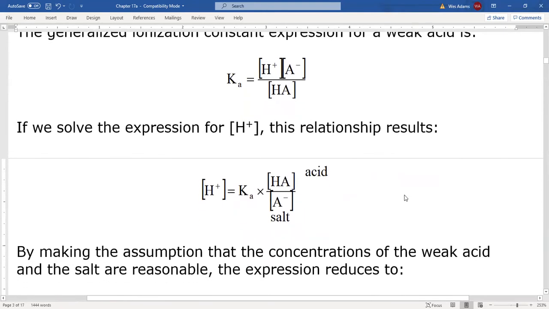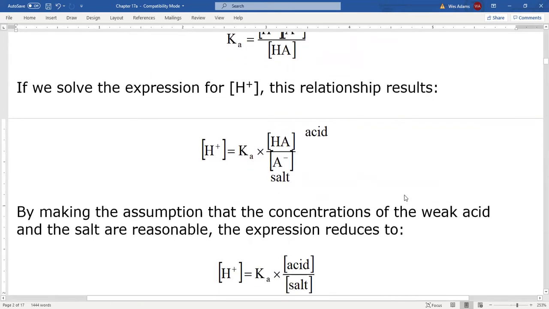If we make the assumption that the weak acid ionization concentrations are reasonable, so they get very little ionization, especially with the common ion, the ionization is pretty negligible. We can essentially say that H plus is equal to Ka times the concentration of acid divided by the concentration of the salt without any ionization, but that is making a bit of an approximation.